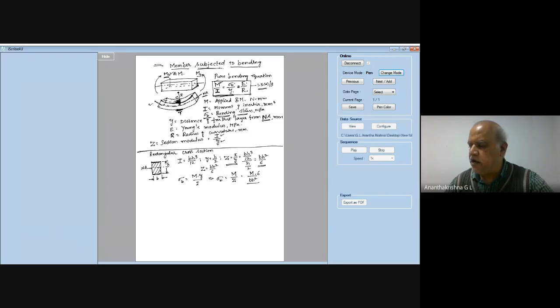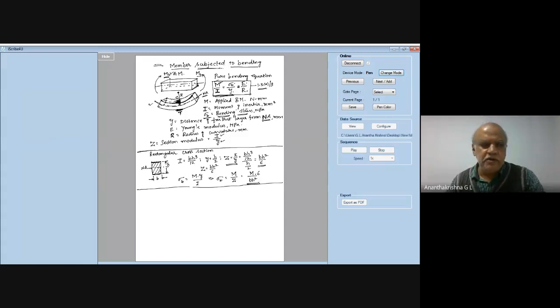That is 6M by bh square, which gives the bending stress in a solid rectangular cross section. Okay, are you with me? Yes, sir.